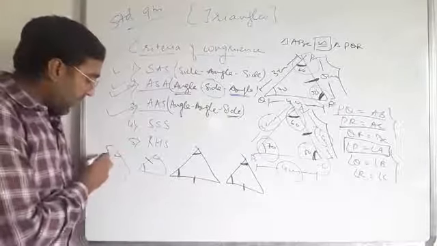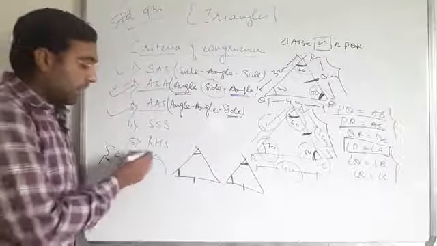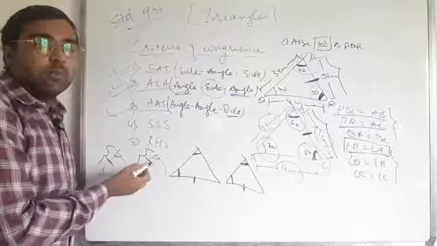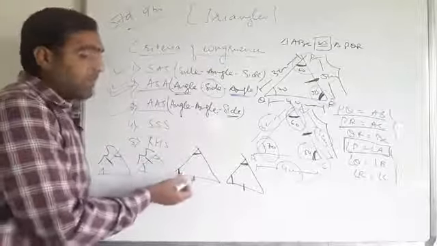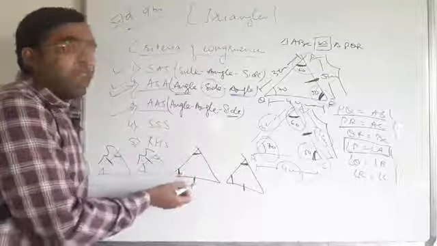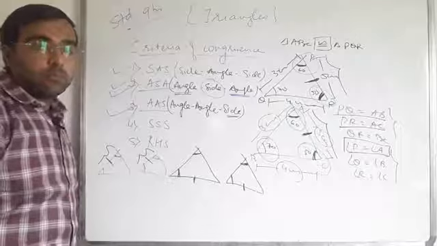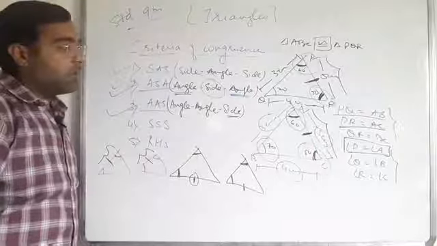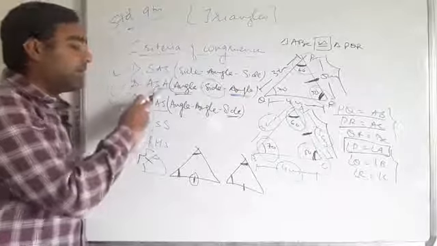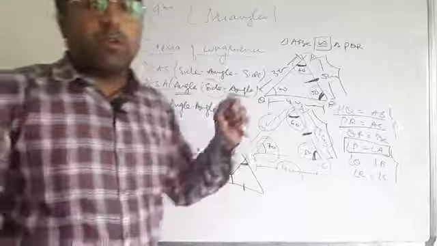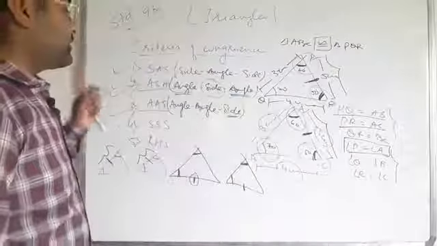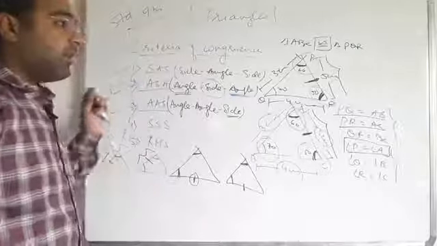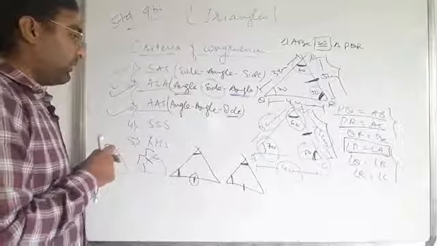Here my side is included between both of the angles, and here my side is not included between both of the angles. Clear? So there is a difference between angle side angle and angle angle side. Please note that we must take any kind of criteria in the proper order, and write it that way.